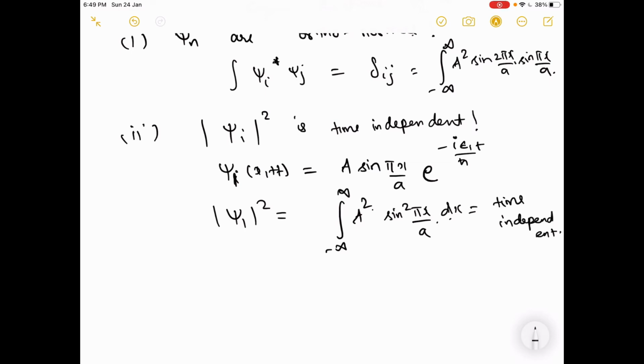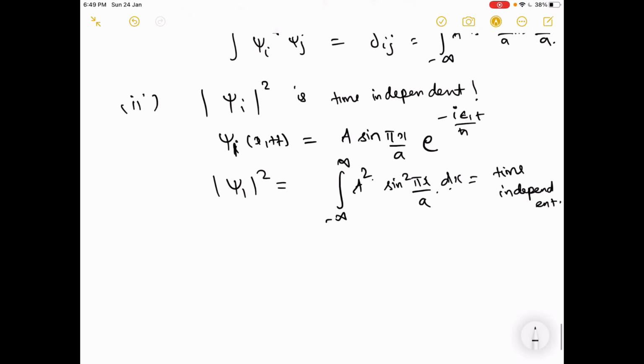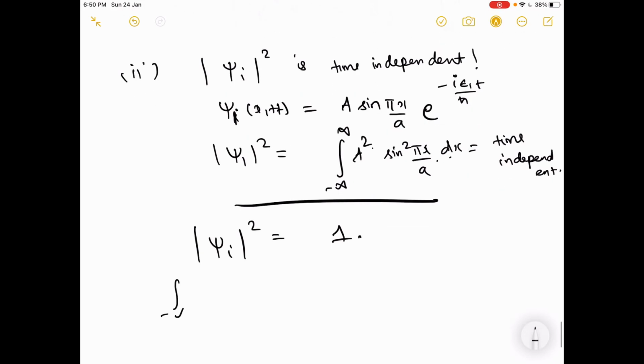Now how do we find A? The right way to find A is, instead of doing this for just one, we can do it for all of them. So psi_i square should be equal to 1. So integral minus infinity to infinity A square sine square kx dx equal to 1.